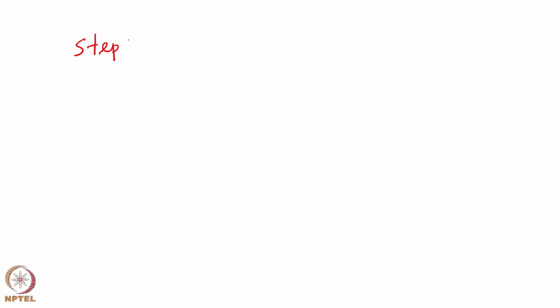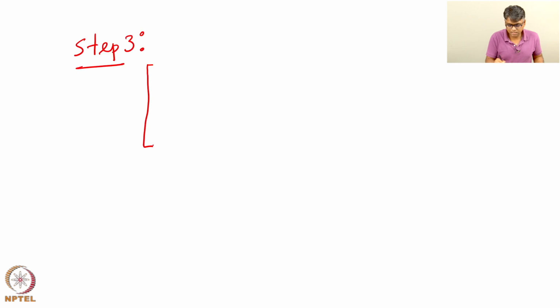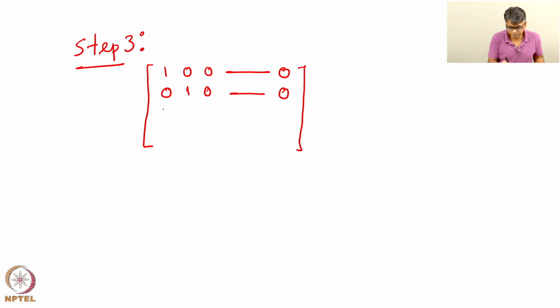Step 3 now is anybody's guess. Step 3 will be changing the third row exactly the way we have changed the second row. So the first and second rows remain the same, only the third row is changed by division by the first row again, by p1 again. So p3 tilde gets changed to p3 tilde minus something times p1 tilde, and that, the result of this division, is the remainder. So the third entry will change.